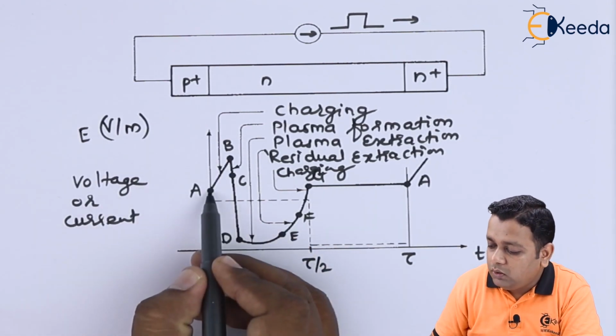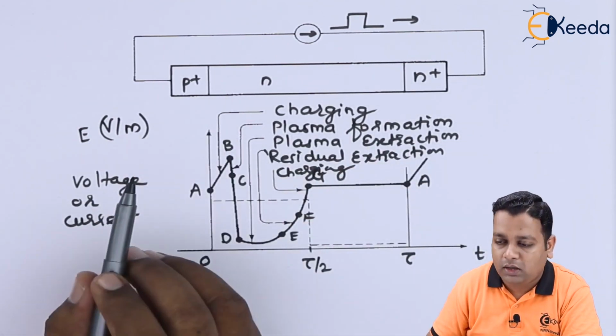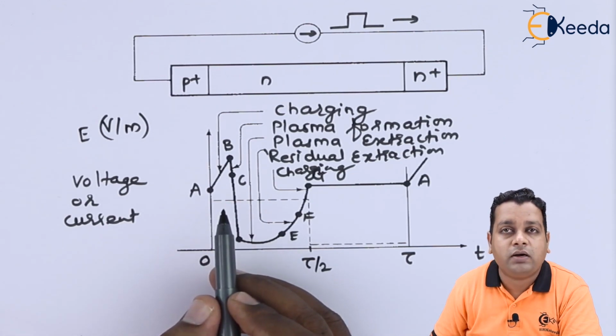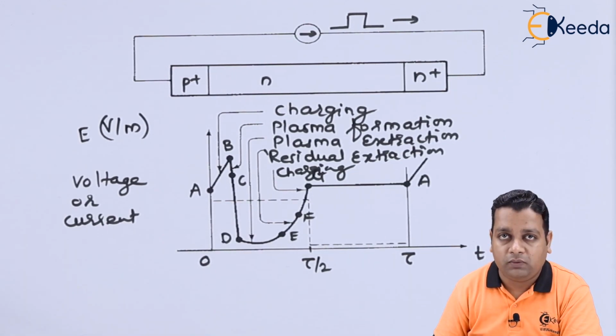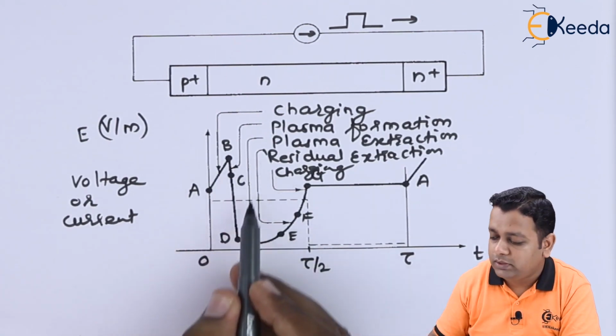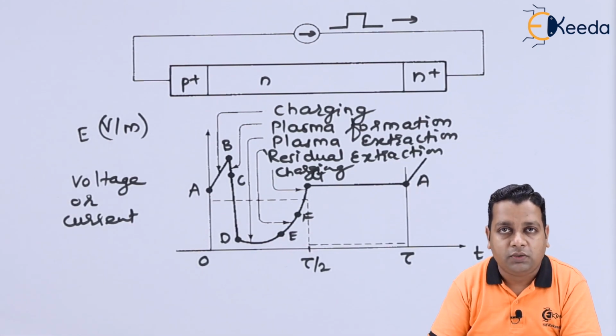The electric field will be uniform in the body of the TRAPATT diode, but less than that required for the avalanche breakdown. So with respect to the different positions denoted by A, B, C, D, E, F, G and back to A, we shall be continuing here.